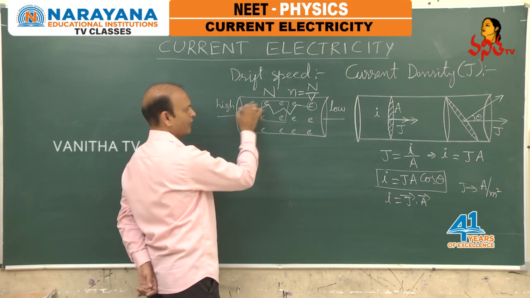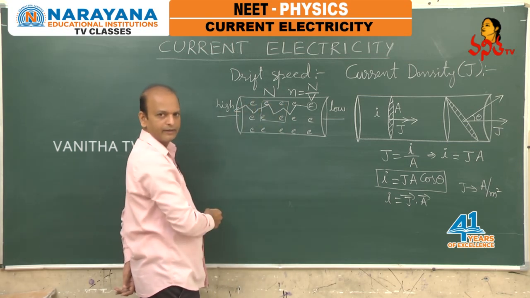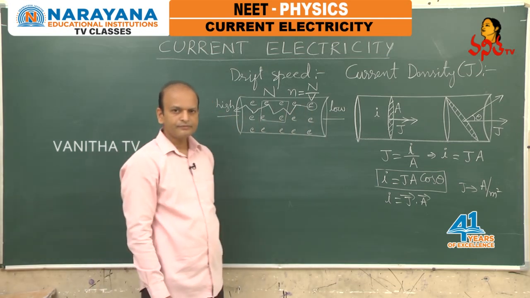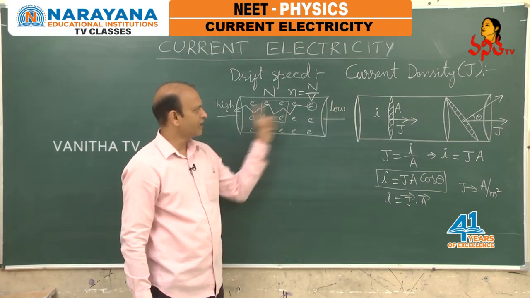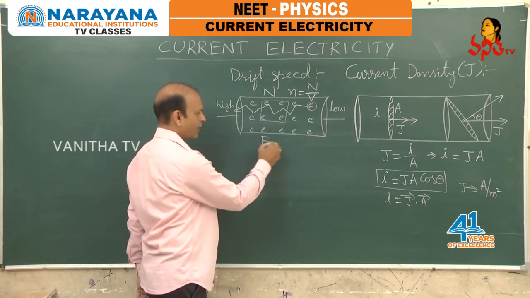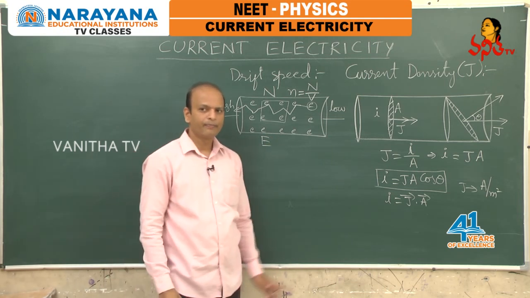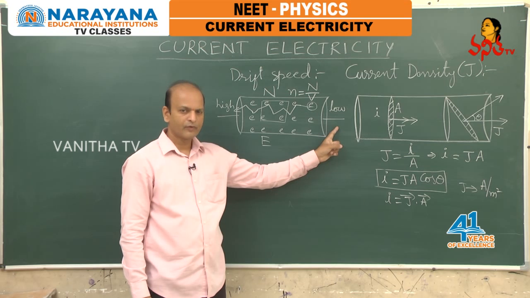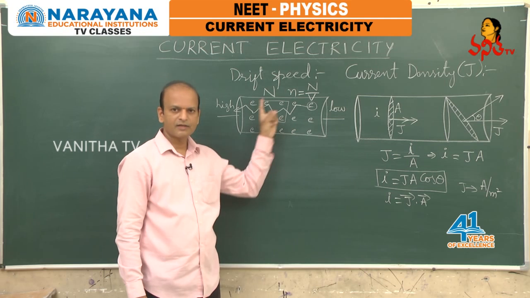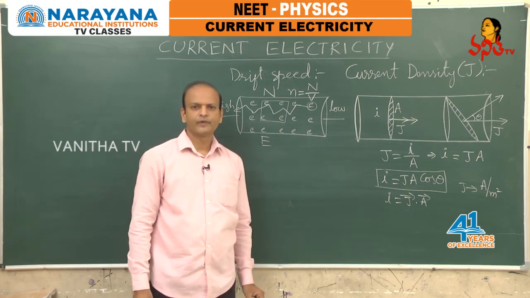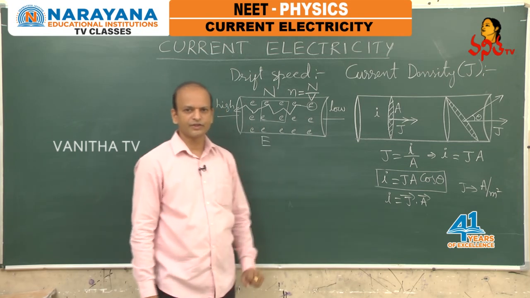Finally, they reach the other end. There is a potential difference across this conductor, and that forms an electric field, applied at the ends of this conductor. Under the influence of the electric field, electrons being charged particles should actually move with acceleration.